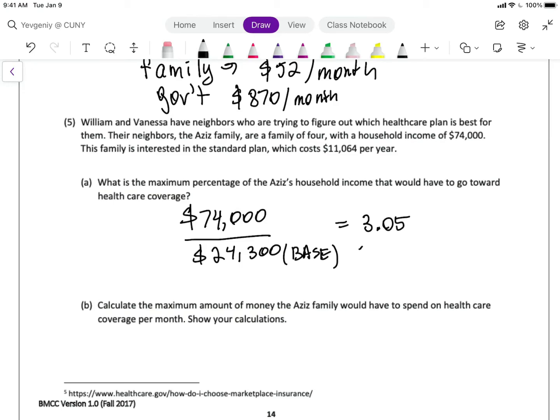If we convert that into percent, that would be 305%. Remember, I asked you earlier, what's 300%? That's 3 times. So they're making more than 3 times the poverty line.